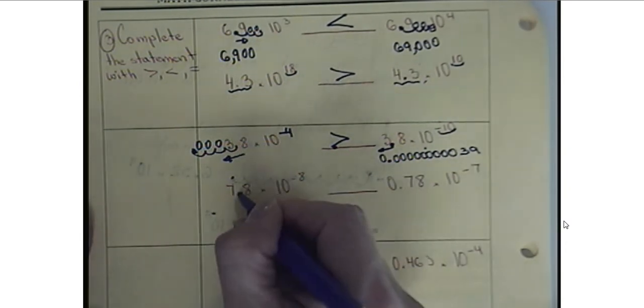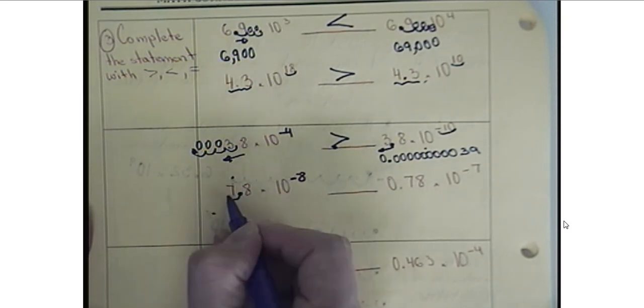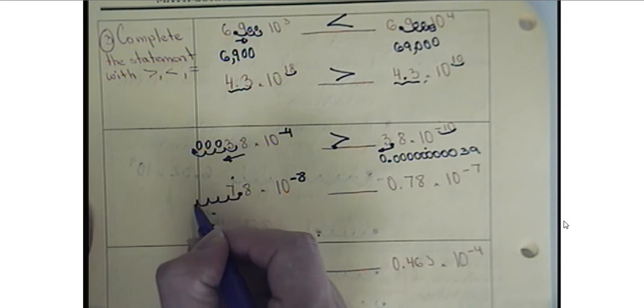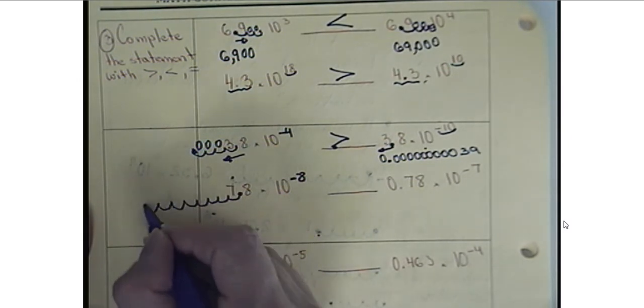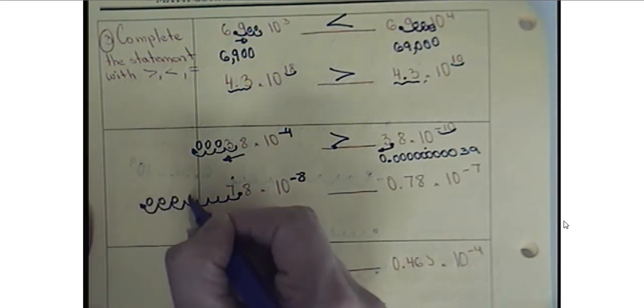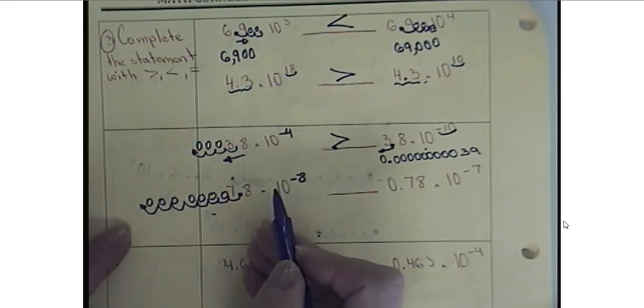So let's go ahead and rewrite those in standard form first. For the decimal point here we have 8 jumps to the left because the exponent is negative, so we're going to make this number smaller. 1, 2, 3, 4, 5, 6, 7, 8, and fill out with 7 zeros. So we have 7 zeros, 7, 8.